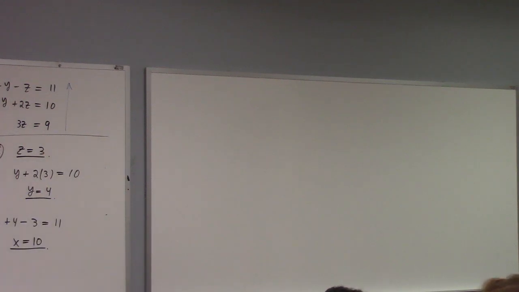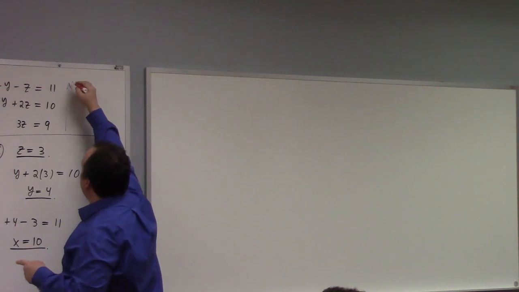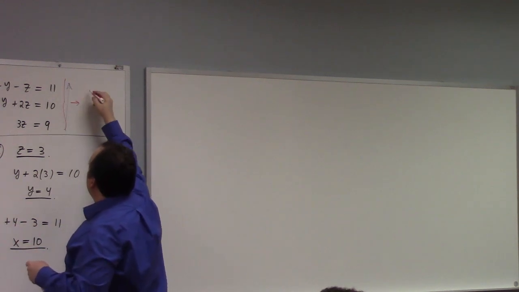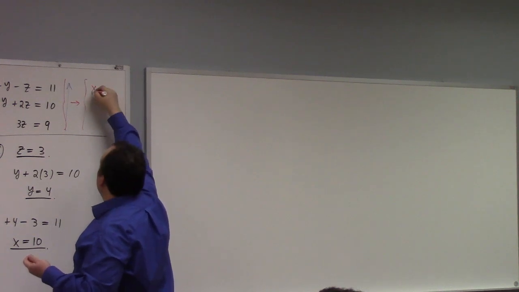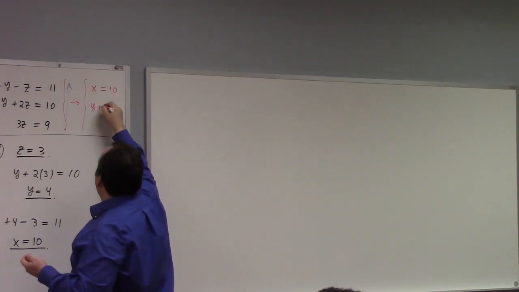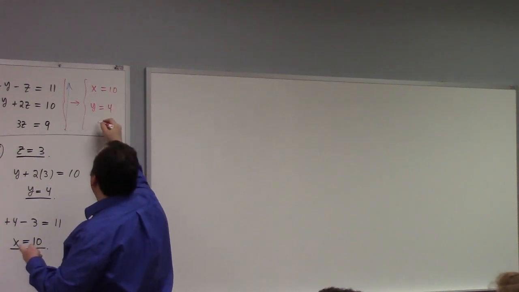So, this is kind of a dumb thing, but it's important: this given system of equations is equivalent to a very silly system, x equals 10, y equals 4, z equals 3, right?